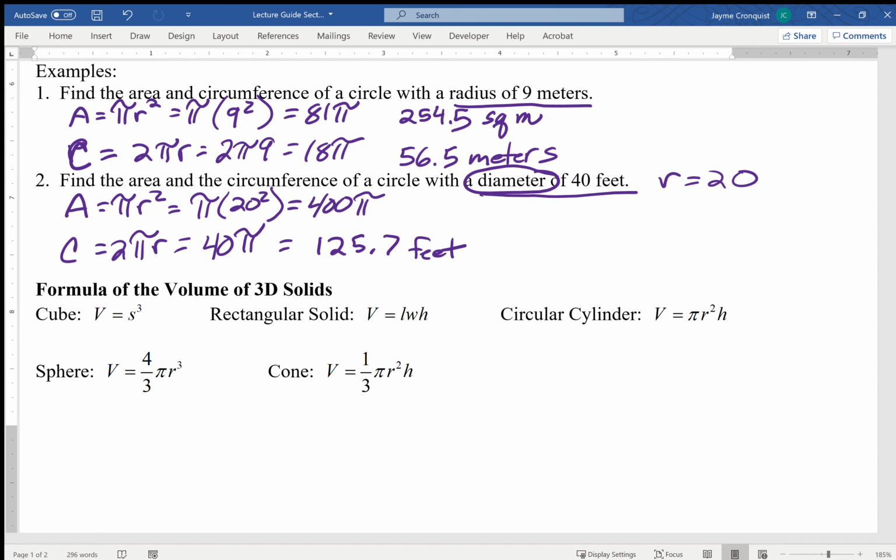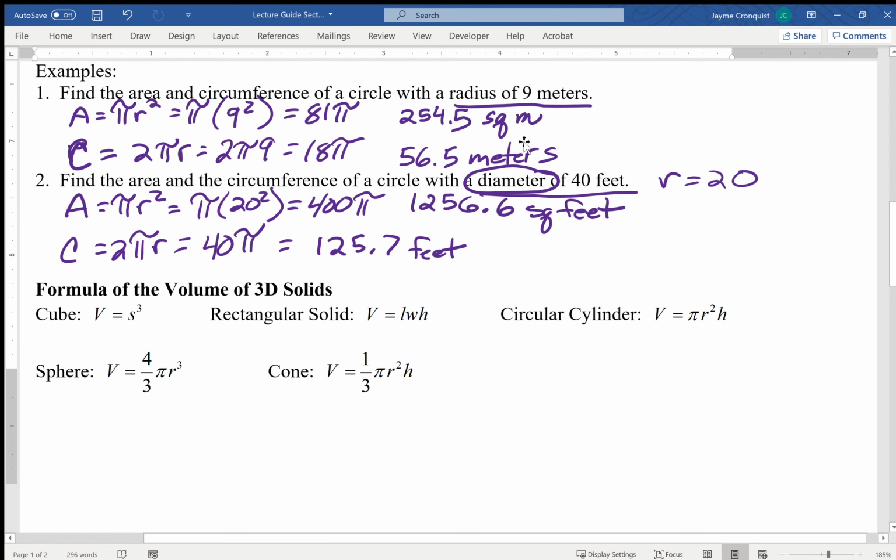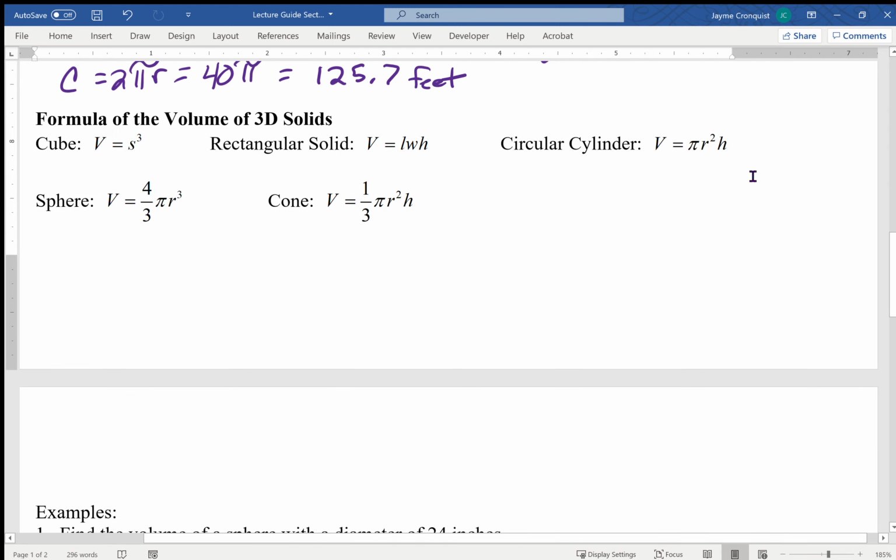So it rounds down to 6. It's 1256.6. Now this time it's square because it is area. Right? We squared the radius, which is feet, so we squared the feet, so we have square feet. All right. It's all logical. You just have to see the patterns.